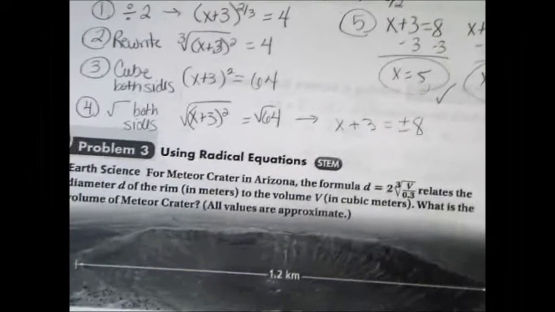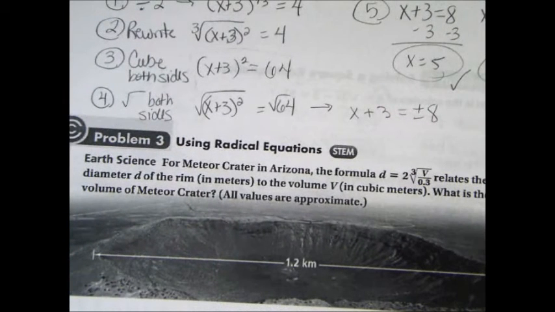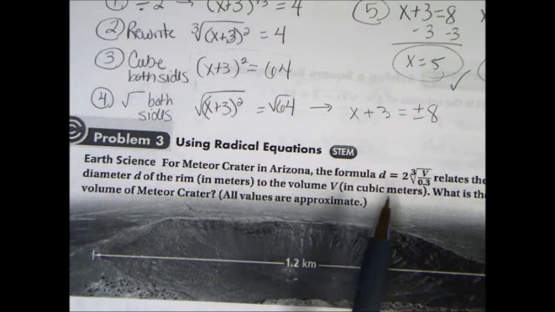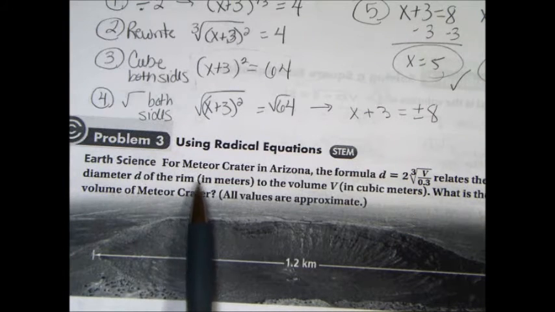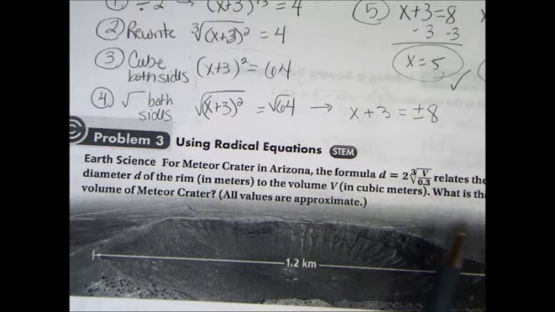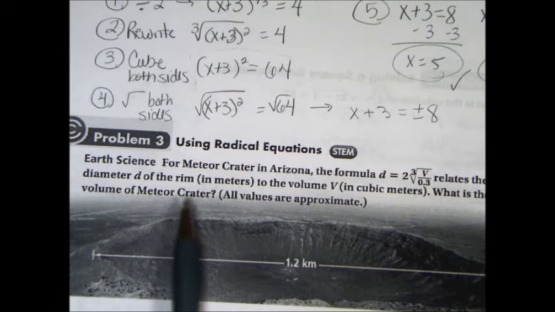Problem 3. For Meteor Crater in Arizona, the formula D equals 2 times the cube root of the volume over 0.3 relates the diameter of the rim to the volume in cubic meters. What is the volume of this meteor crater? All values are approximate.